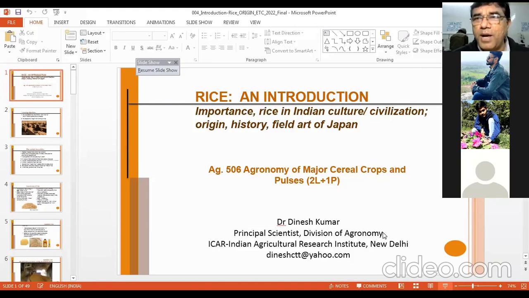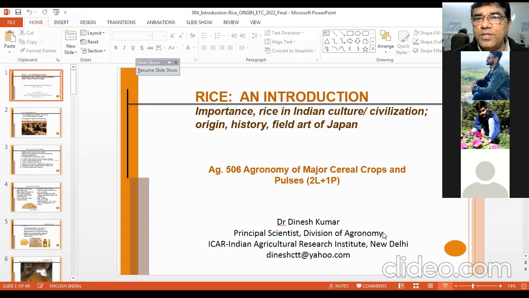Then there are certain byproducts of rice milling that can be used. They have some economic value, like rice bran. Rice bran can be fed to the cattle, can be fed to the poultry, and it can be used to extract the oil. Most of the oil is concentrated in bran. So rice bran is actually pericarp, seed coat, nucellus, and aleurone layer, as I have shown you in the picture of rice grain.